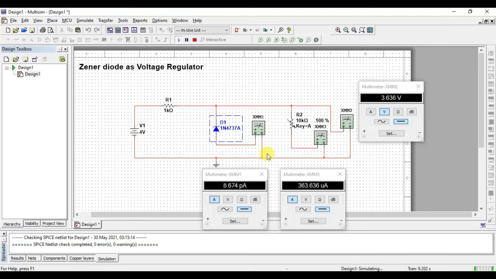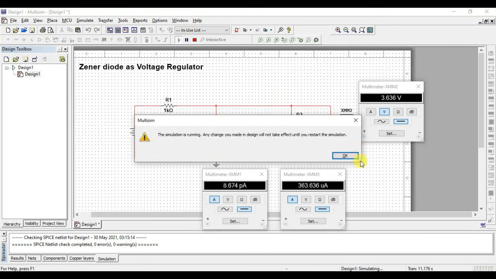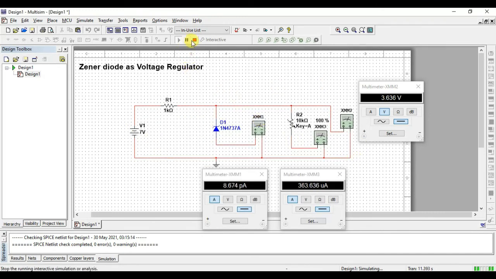Let us see that. For example, here the input voltage is 4 volts. What is the voltage at the output? 3.636. If I increase the input up to 7, the voltage across the output is 6.36. Now increase a little more, to 8 volts or 9 volts.